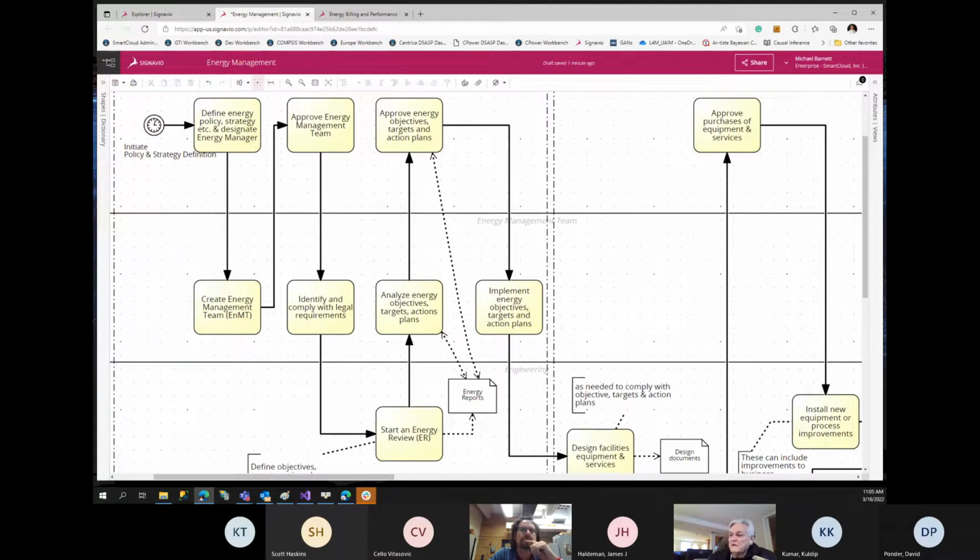The paper that we looked at, from which this BPMN model was taken, also included another BPMN model, which was a further elaboration of what happens in planning.